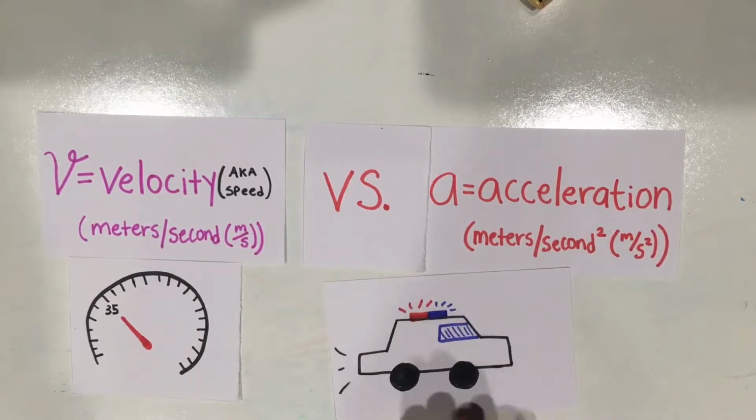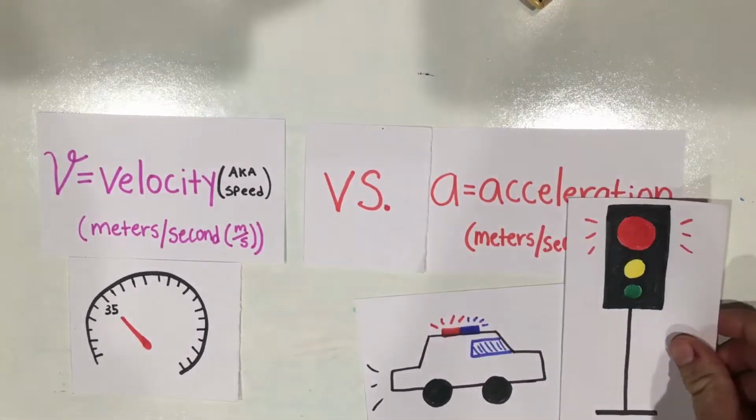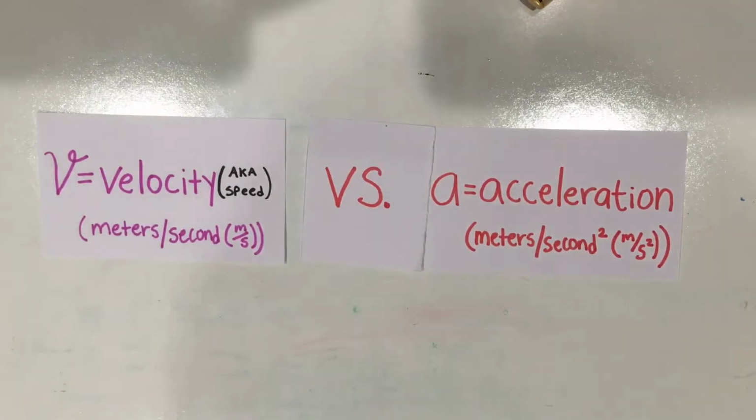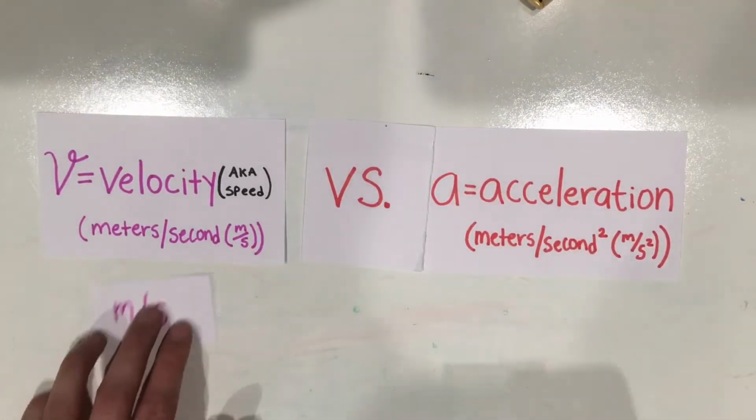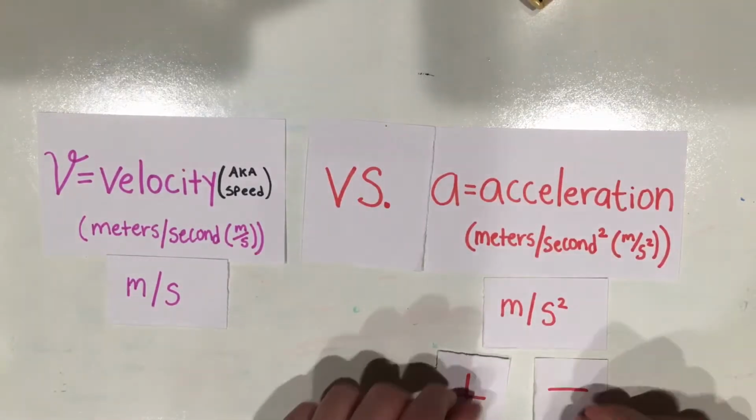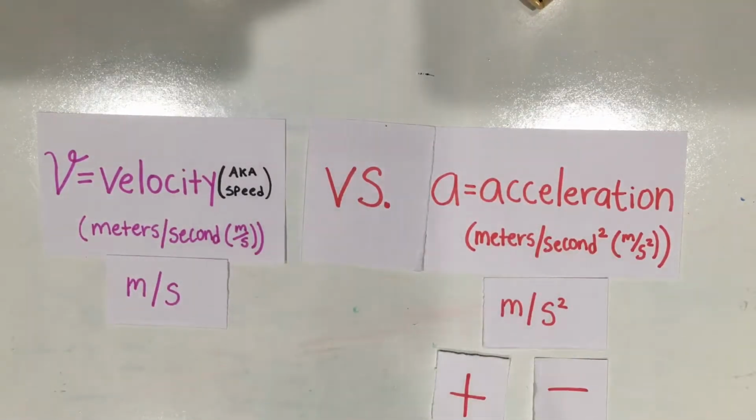That would be considered acceleration. Acceleration can also be slowing down, so if you're coming to a red light, you would have a negative acceleration because you're slowing down. In terms of units, once again, velocity is always in meters per second, while acceleration is in meters per second squared. Acceleration can be either positive or negative. Velocity has to always be positive.